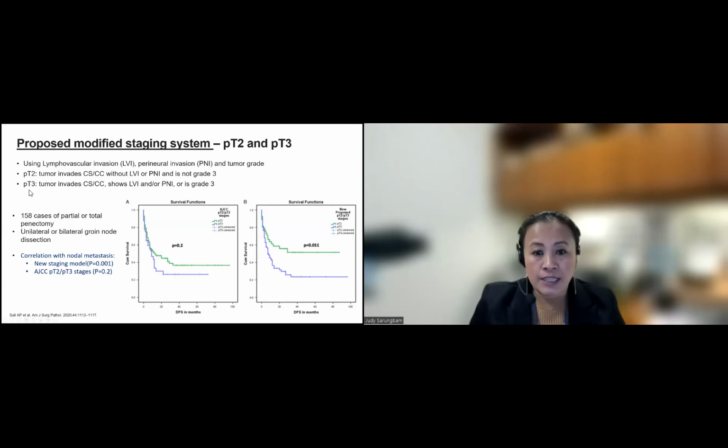And PT3 shows one of the poor prognostic features, which is not in PT2. The new staging system shows a statistically significant correlation with nodal metastasis, while the AJCC 8th edition did not. Similarly, only the proposed model significantly impacted disease-free survival, as depicted in this Kaplan-Meier curve. This is the AJCC 8th edition, and this is the new proposed system.